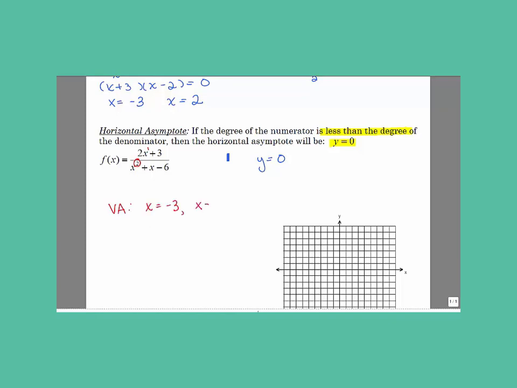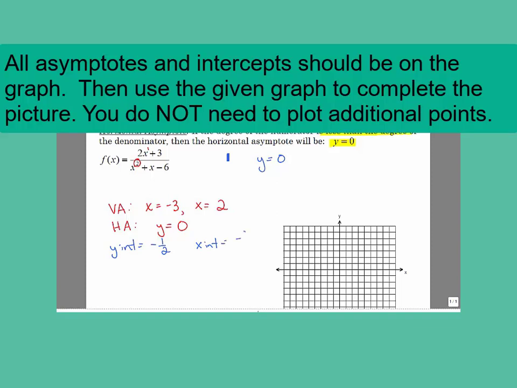We now need to put all of this information on the graph. We have 2 vertical asymptotes. We have the horizontal asymptote of y equal to 0. We have the y-intercept at -0.5. We have an x-intercept at -3/2.